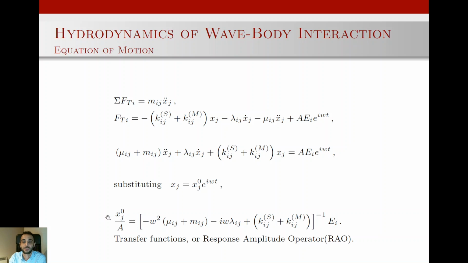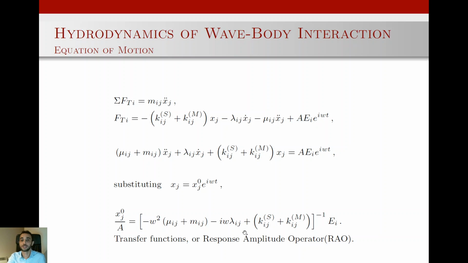We can solve this equation by a matrix solver, for example, and find the displacement and velocity, and therefore the acceleration of the object. This is called the transfer function. Sometimes the square of it, sometimes itself, is called the response amplitude operator, or RAO, which has application when we are studying the effect of irregular waves on motion of structures.